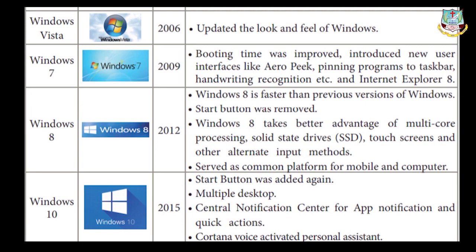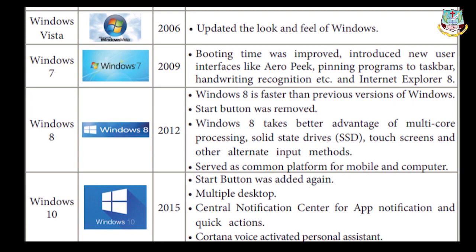Till now we have seen some features, right? Other than this, the updated version was introduced in 2009. The booting time was improved, but the interface was not so good till Windows 7, right? After Windows 7 only, handwriting recognition and all came.